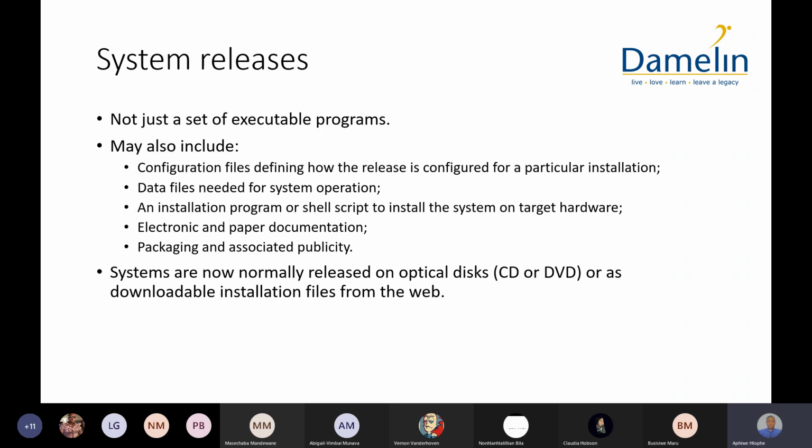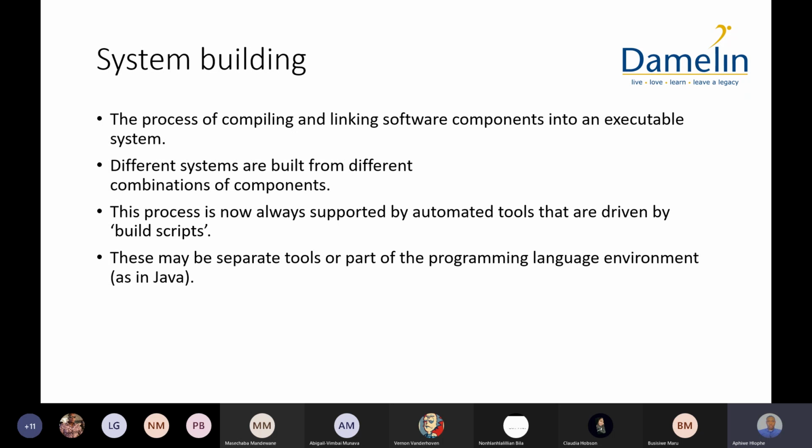You buy the software off the shelf, it's going to be on a disk, it's packaged, and it has documentation about how to install it. It has documentation about the targeted hardware, what hardware specifications you must have, the operating system version and so forth. Those are the main differentiating factors between a release and a version.